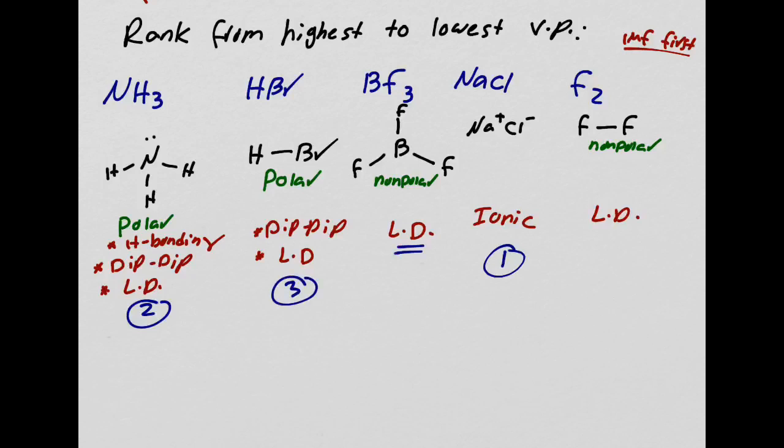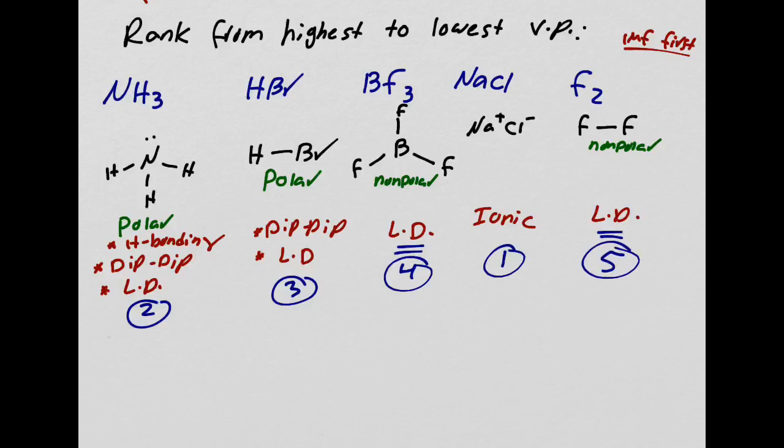Now I have two that have the same London dispersion. We said go based on the molecular weight, the total number of electrons. The heavier one, the one that has more electrons, has a higher chance of having a temporary dipole. Which one is that? That is going to be BF3. It's a bigger molecule, right? Higher molecular weight, more total number of electrons. So then this is going to be the last one.